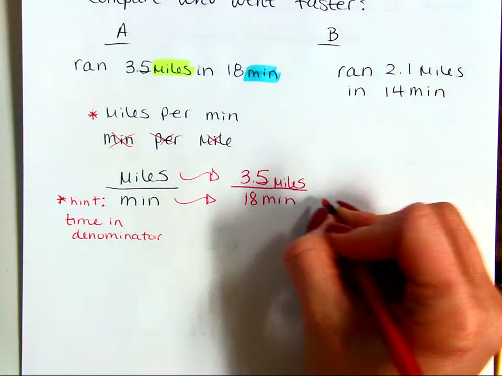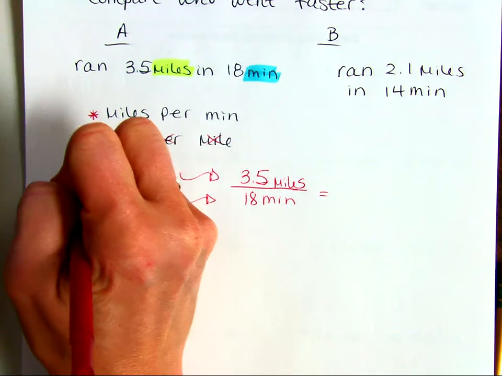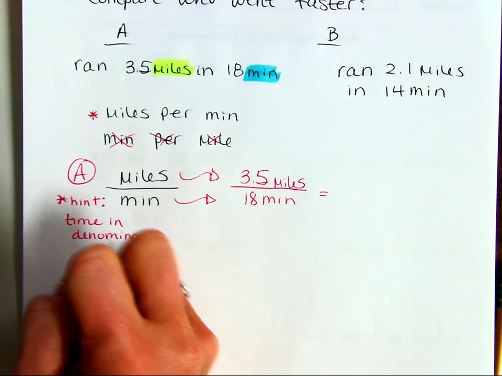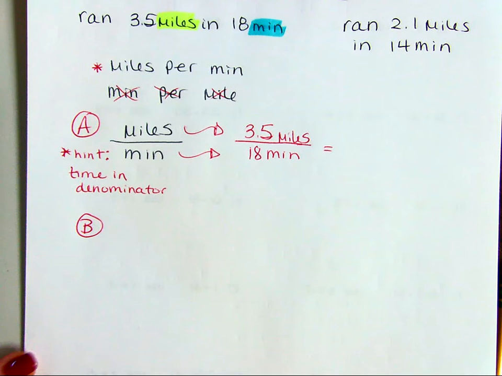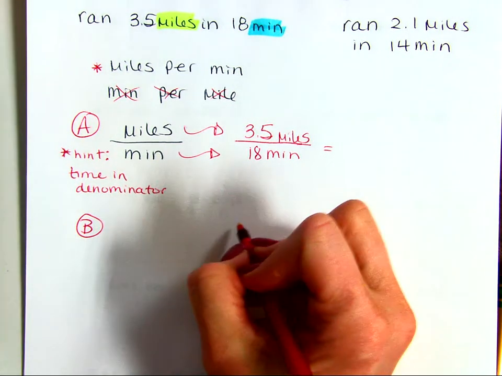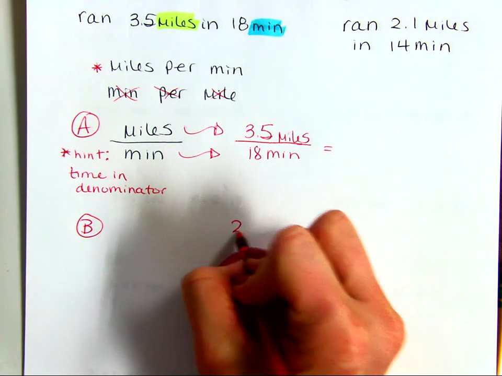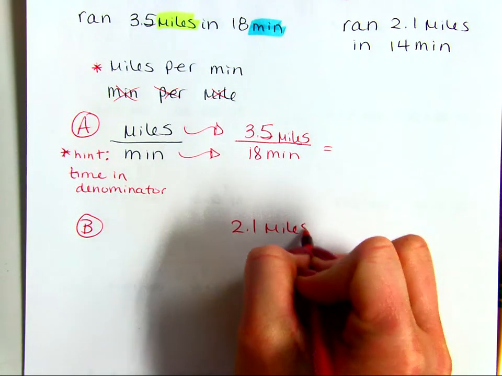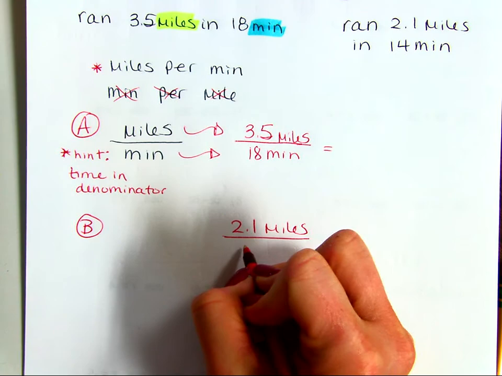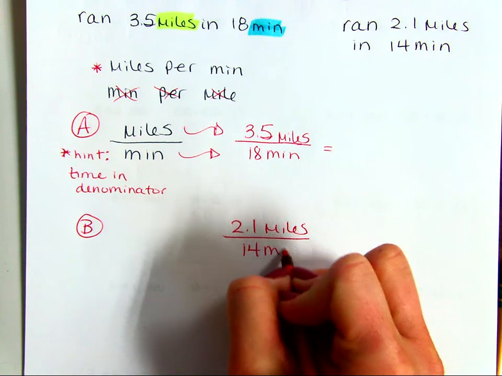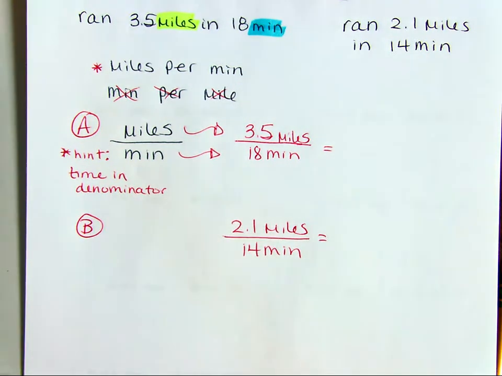So let's figure out their unit rate. Then let's figure out person B's unit rate. They did 2.1 miles in, or per, 14 minutes. And literally, once I have it written as a fraction, I am literally home free. I just have to do some division.